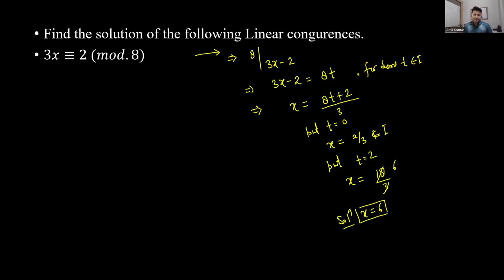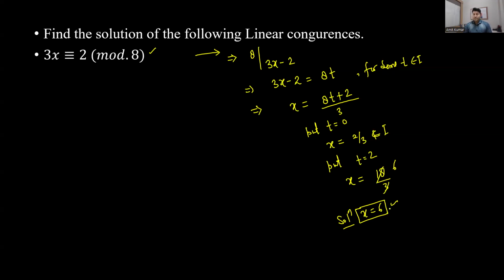Quite simple. Write it as m divides ax minus b, simplify, and substitute some t which makes x an integer. Now one more question is how many values of x we need as a solution, which is related to how many solutions this congruence will have. Suppose I just get x equal to 6 and stop.